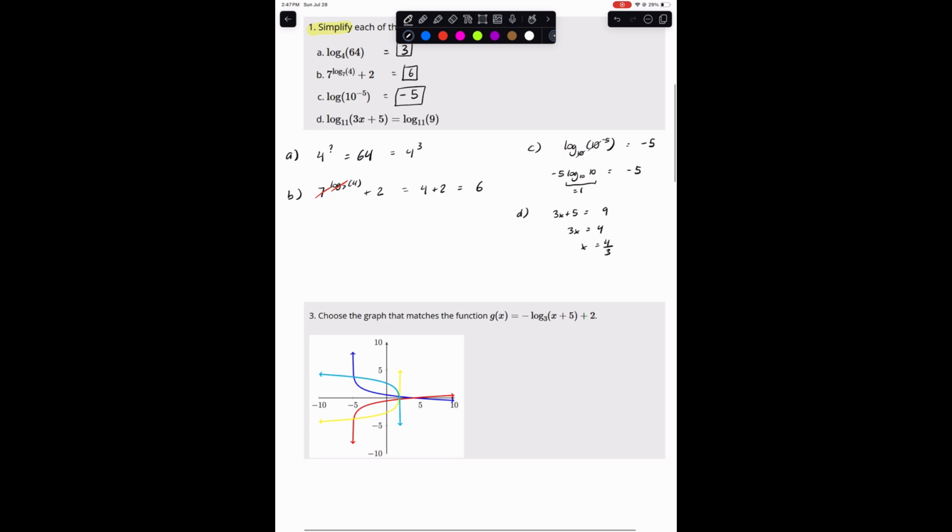And if we plug it in, make sure we have a valid answer. We get log base 11 of 4 plus 5, which is log base 11 of 9, and that is all good. So x equals 4/3.